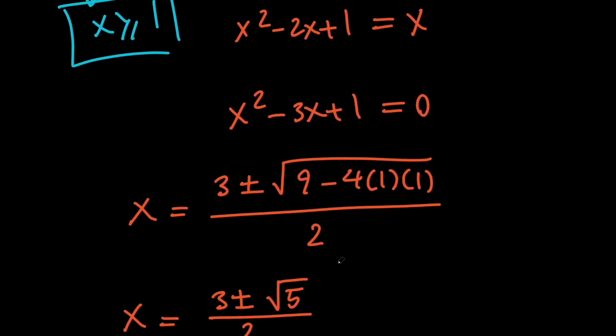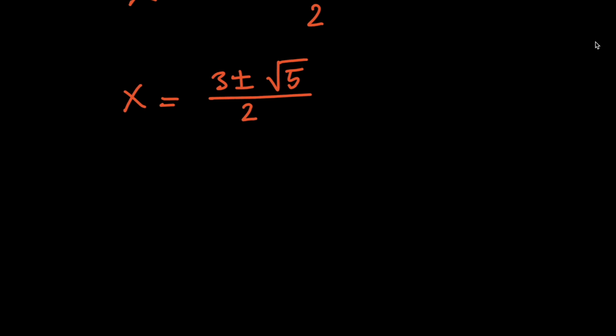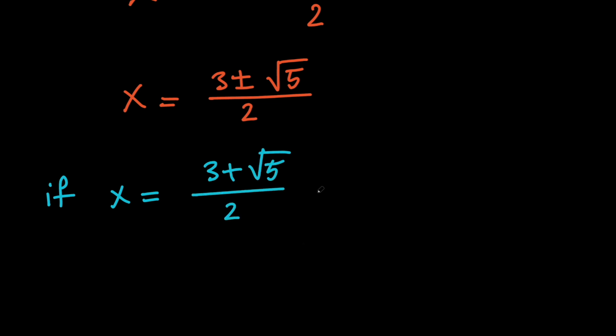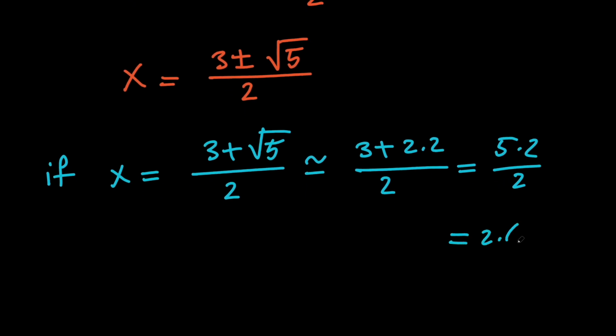But notice that x must be greater than or equal to 1. So let's see if these values are greater than or equal to 1. So let's say that x equals 3 plus root 5, all divided by 2. So this is approximately equal to 3 plus 2.2, all divided by 2, which means that it is equal to 5.2 divided by 2, which is equal to 2.6.